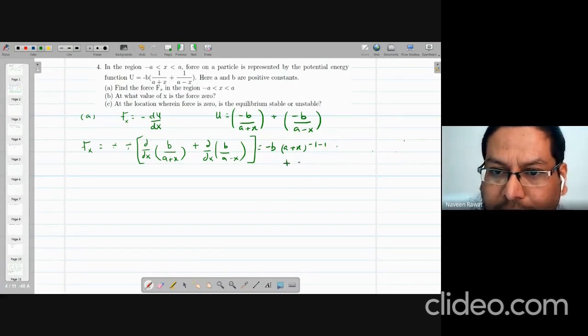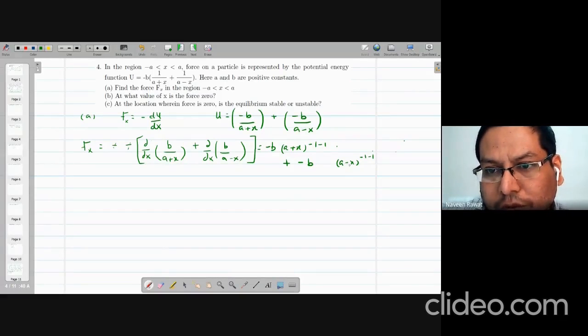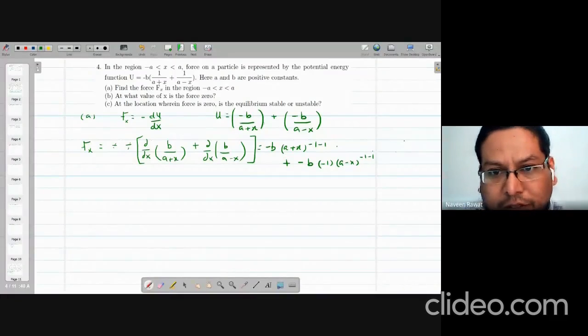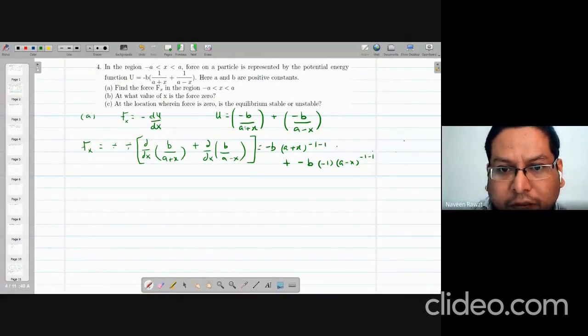So I have minus b coming here, and then I have a minus x. Again I take the derivative, so minus 1 will happen, and then I have to take the derivative inside this function, so that would be another minus 1 sign here. So everybody is following this step. We are taking the derivative of this first function, and b is a constant, so it has come out.